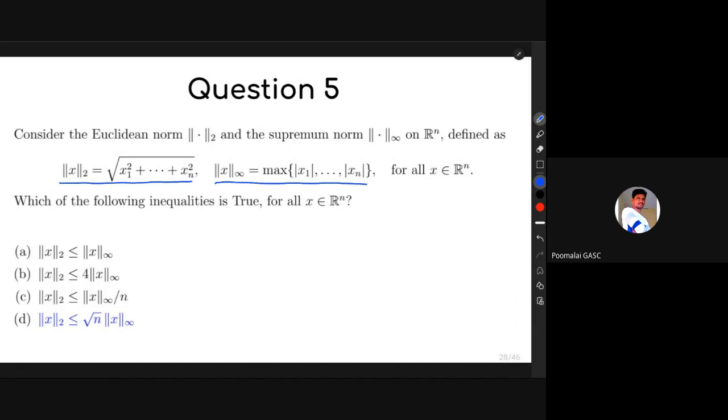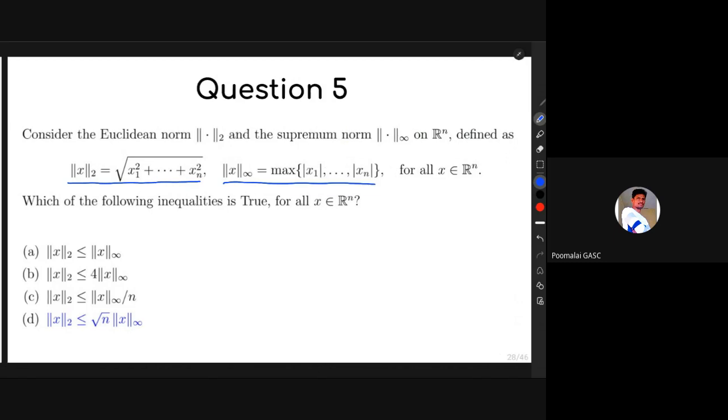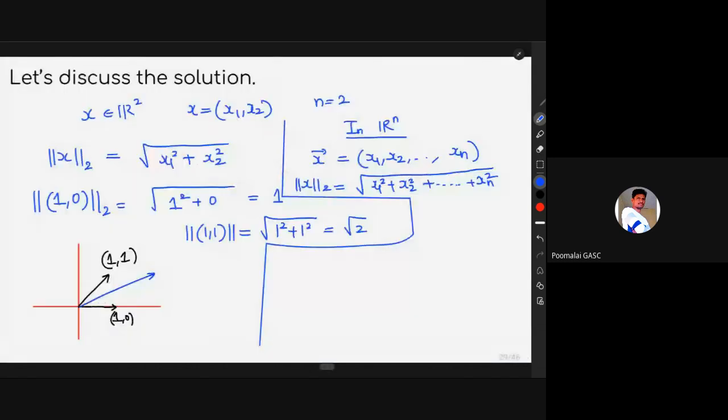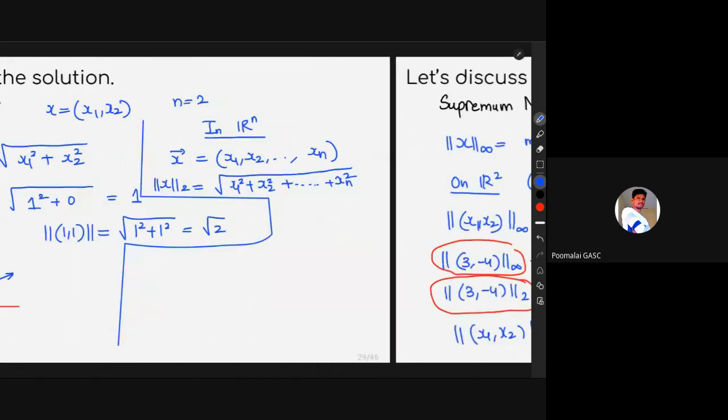You have four options. First option is this, another option is this, third option is this, fourth option is this. Only one of them is true, so we'll see which one. Any question at this point? No, sir. Okay, good.